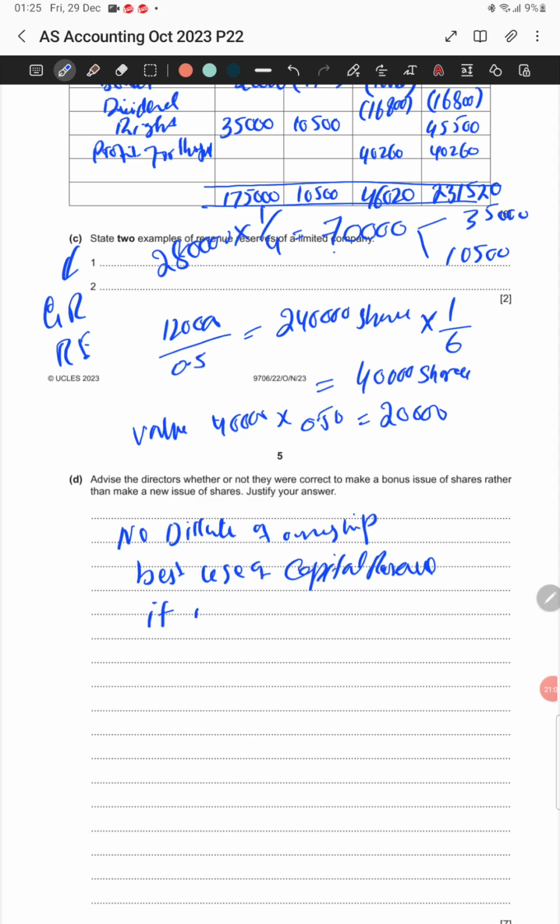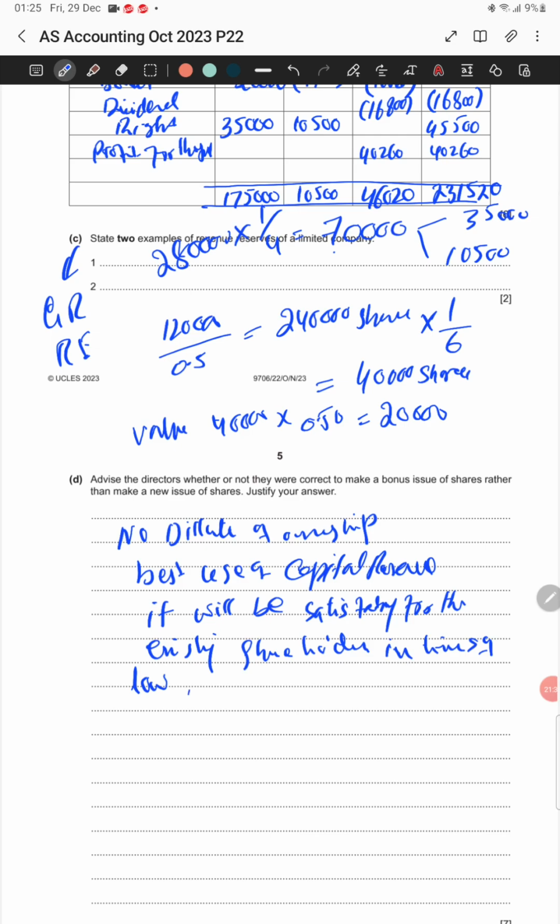It will be satisfactory for the existing shareholders in times of low liquidity of the company.